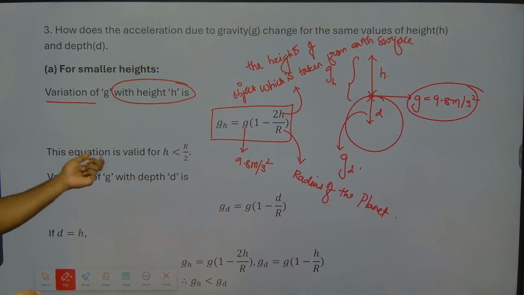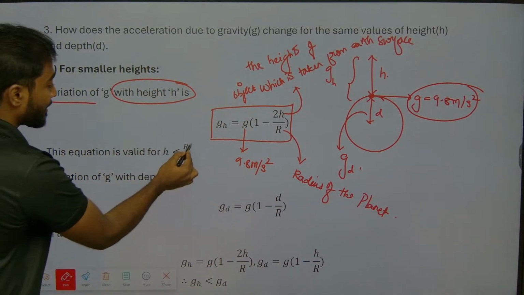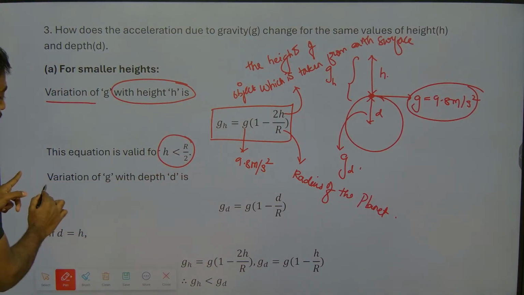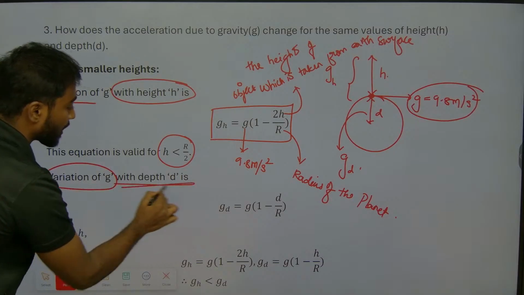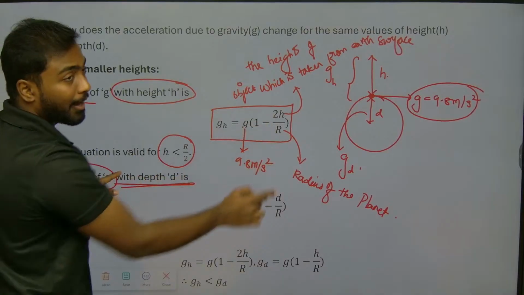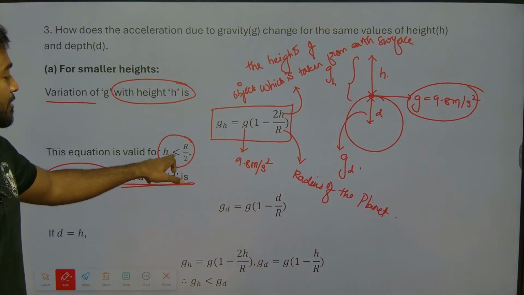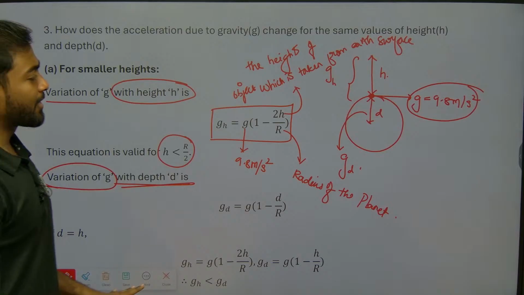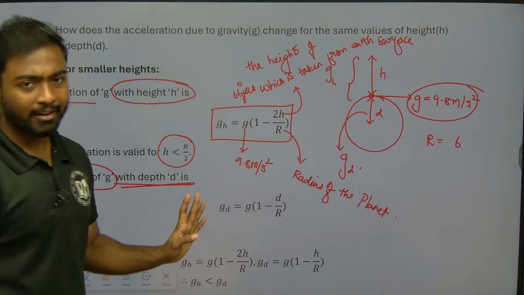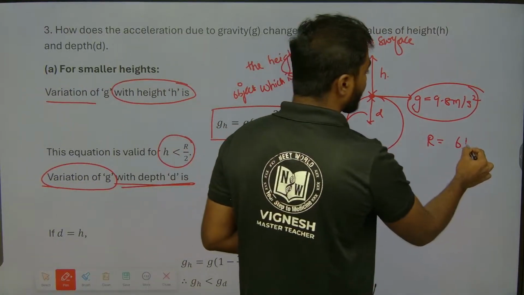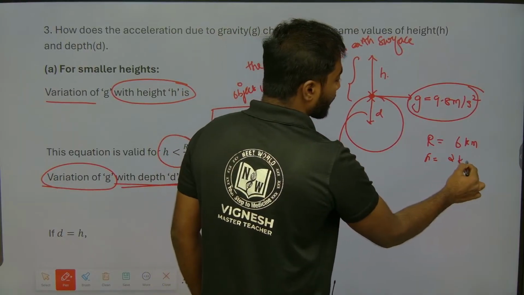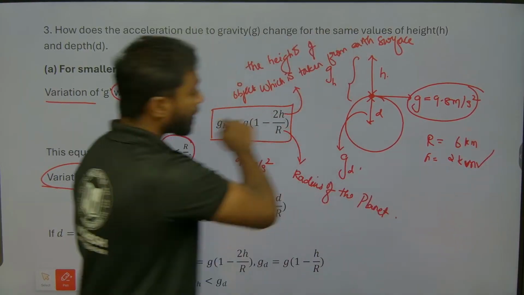Now this equation is valid for h less than r by 2, okay, h less than r by 2. If r is 6, for example 6 kilometer, and I take h as 2 kilometer, the formula is applicable.